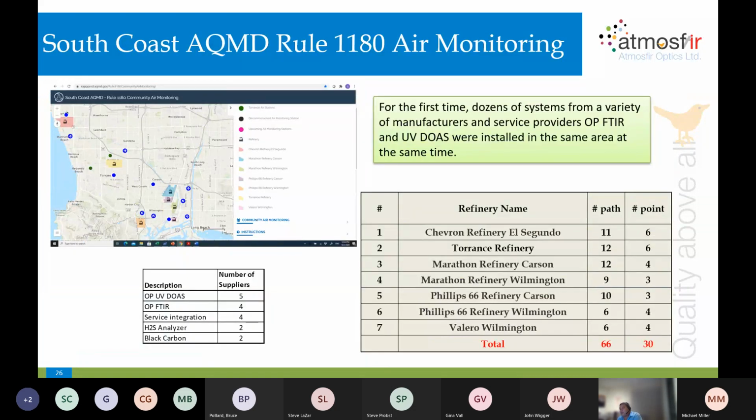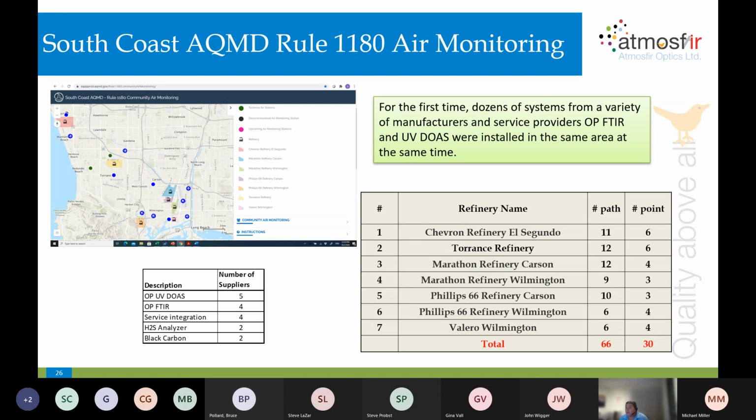And what was fascinating, at least for me, in the implementation of the South Coast rule, is that for the first time, dozens of systems from a variety of manufacturers and service providers, FTIR and UV DOAS, were installed in the same area at the same time. So for the first time, we can see what the capabilities of those technologies are.